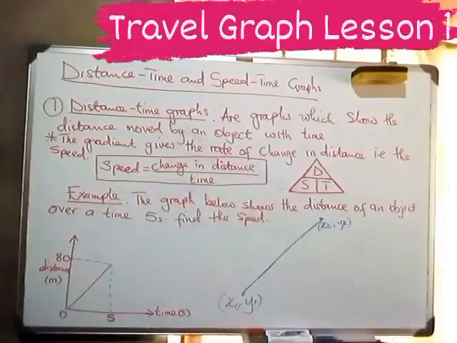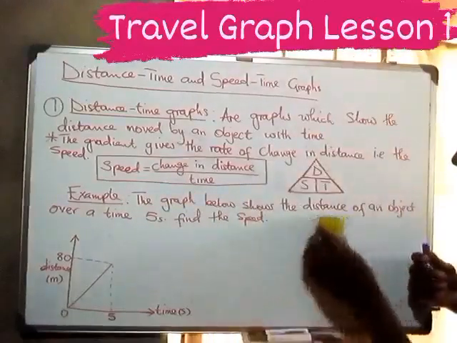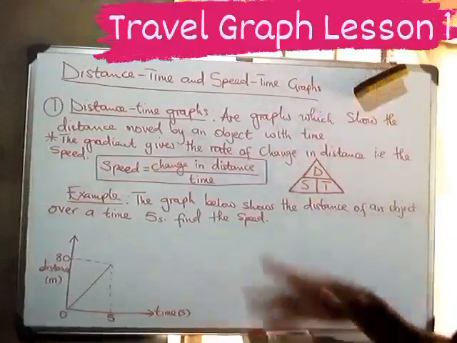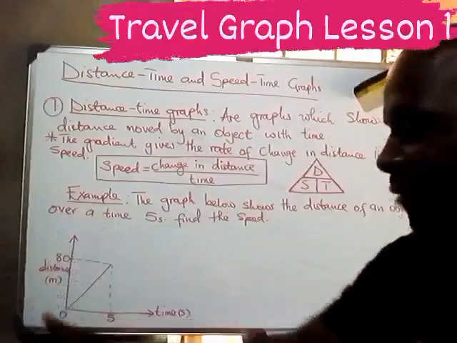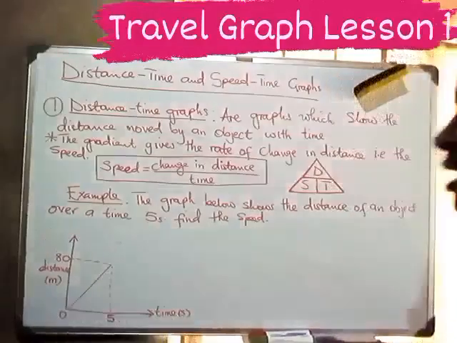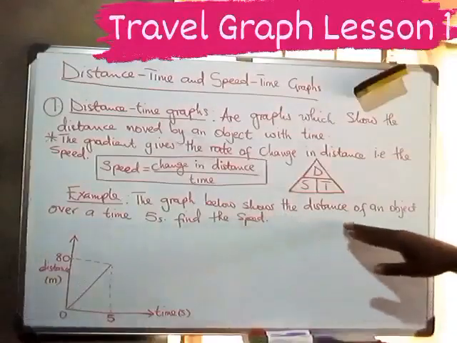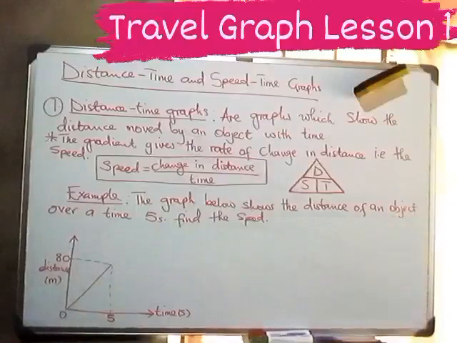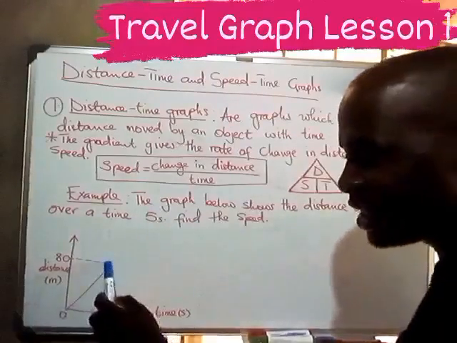Now we have the example which has been given there. The example is the graph below, this line here, from 0 up to where it has reached, shows the distance of an object. This is the graph, not these lines.